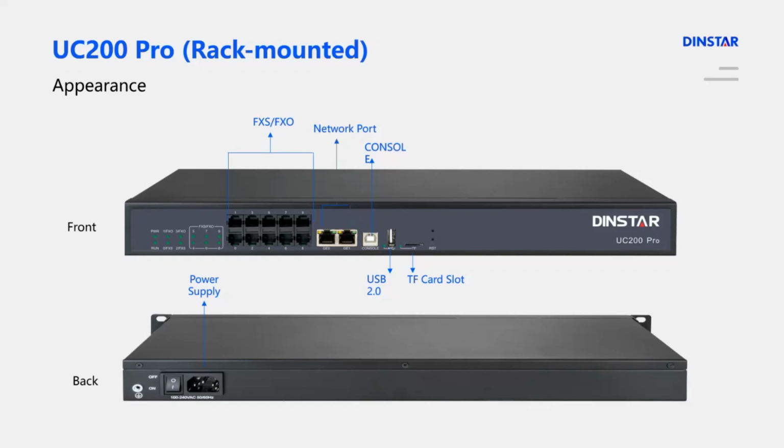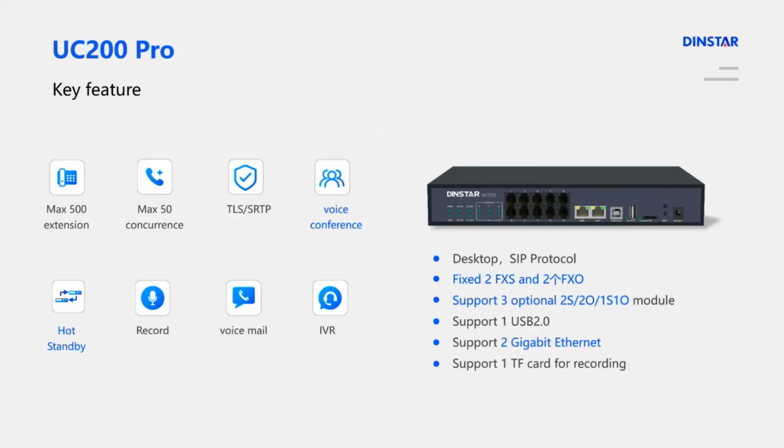It supports up to 500 extensions and 50 concurrent calls, planned for growing teams, with built-in TLS and SRTP encryption for secure calls, plus voice conferencing, voicemail, IVR, and hot standby.